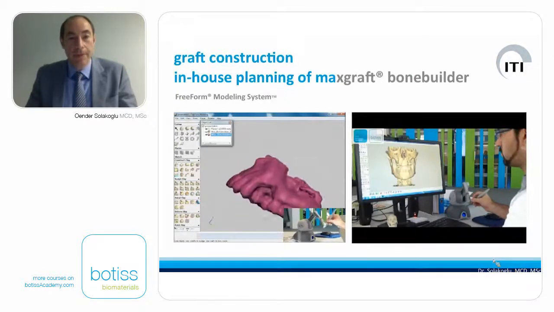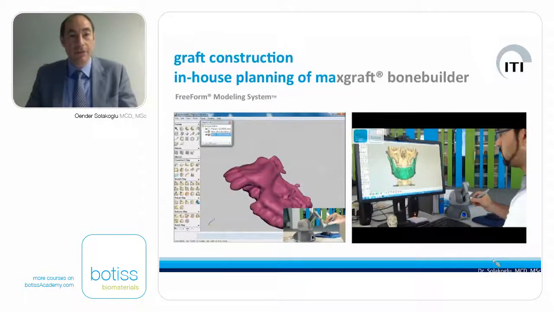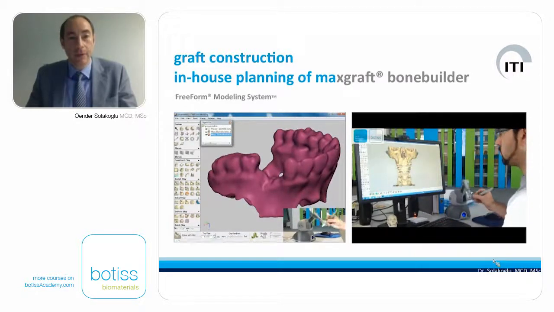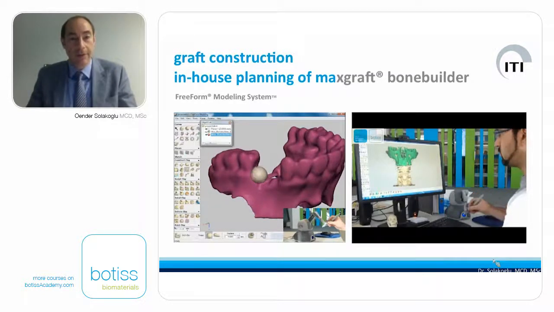So you can see the technique of this so-called free-form modeling system, which is a very fancy program that you can use to graft this individual site or plan this individual block.